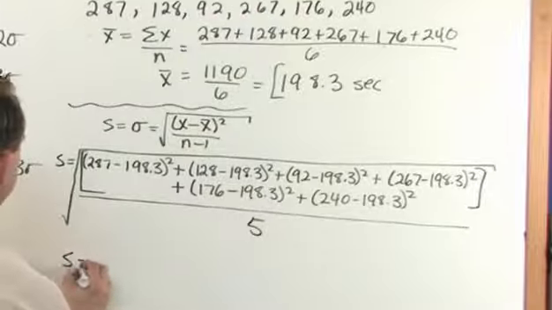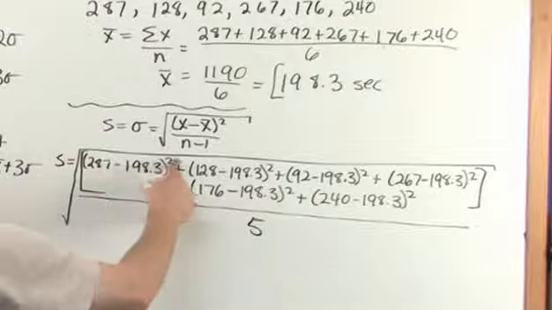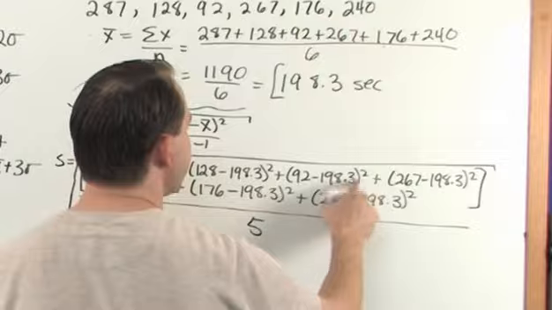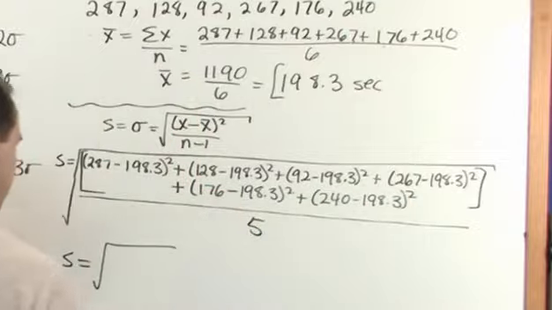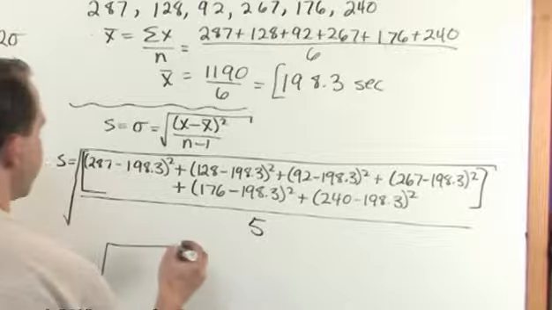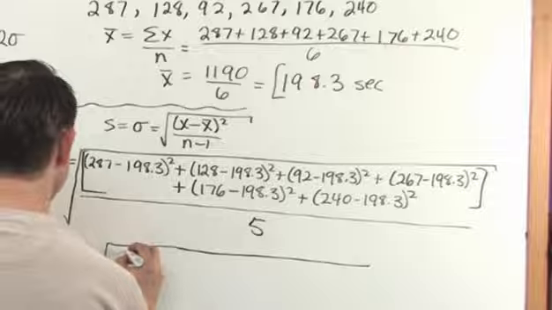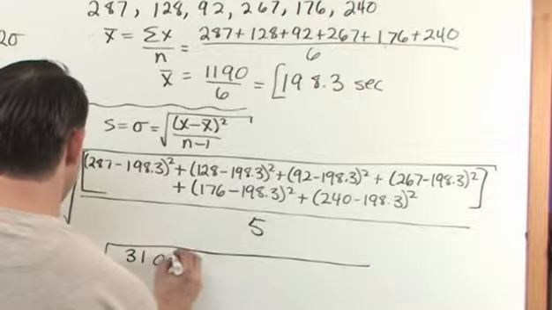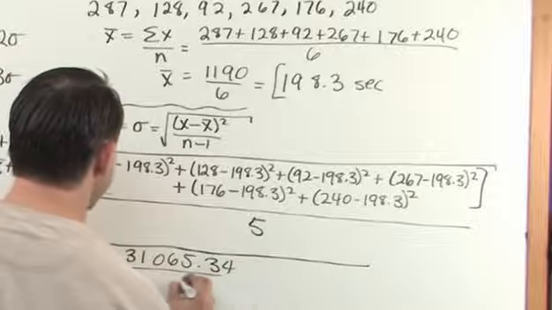When you take these differences and square them, and add all of that up on the inside, what you get is 31,065.34 divided by 5.